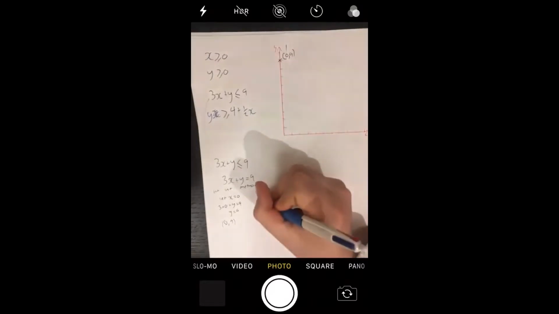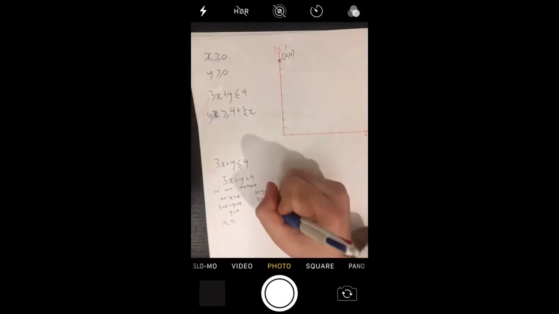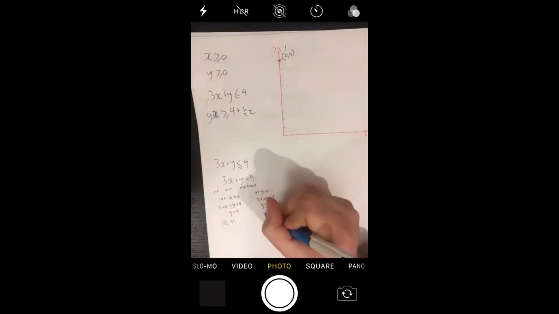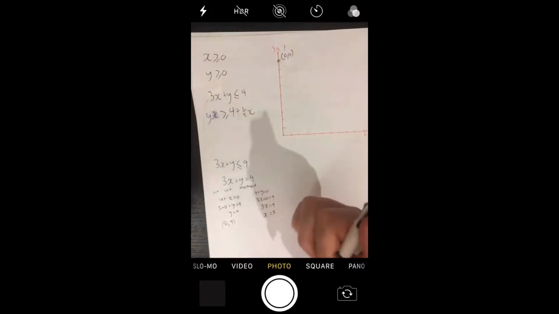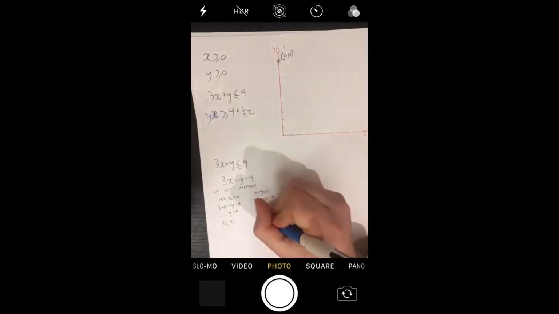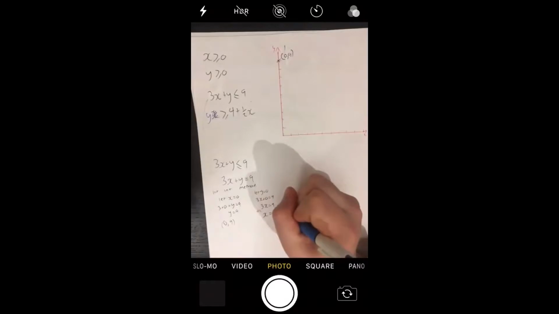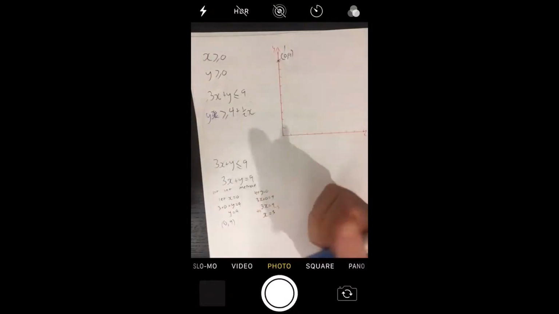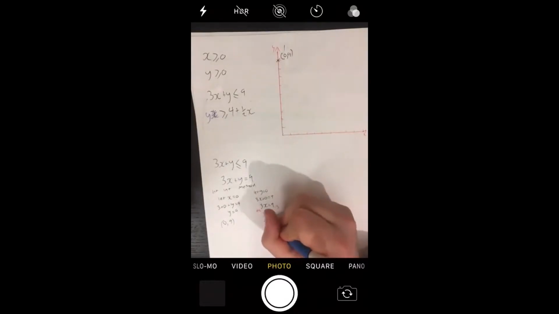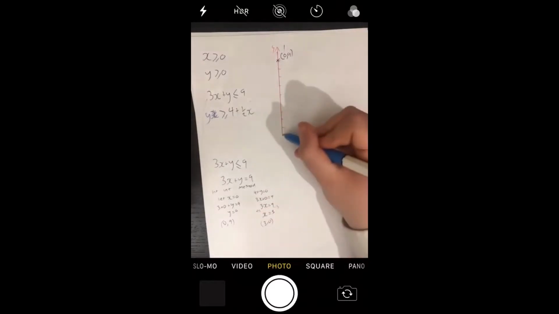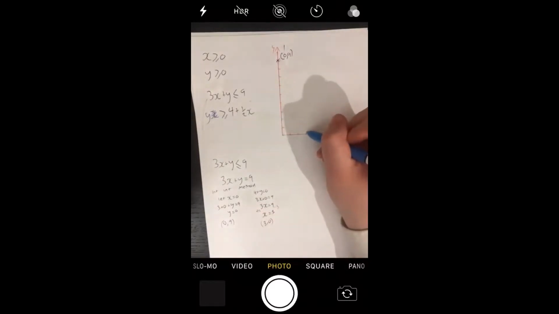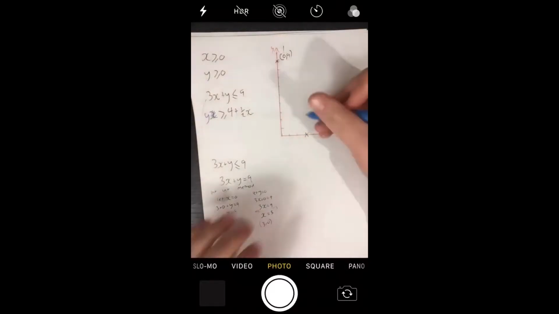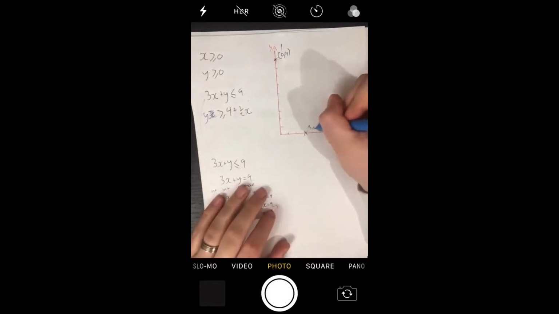So we've got 3x plus 0 equals 9. So 3x equals 9, x equals 3. I divided both sides by 3 to get that answer. That gives us 3, 0 as our second point. So 1, 2, 3 on the x gets us this point on the x-axis, 3, 0.